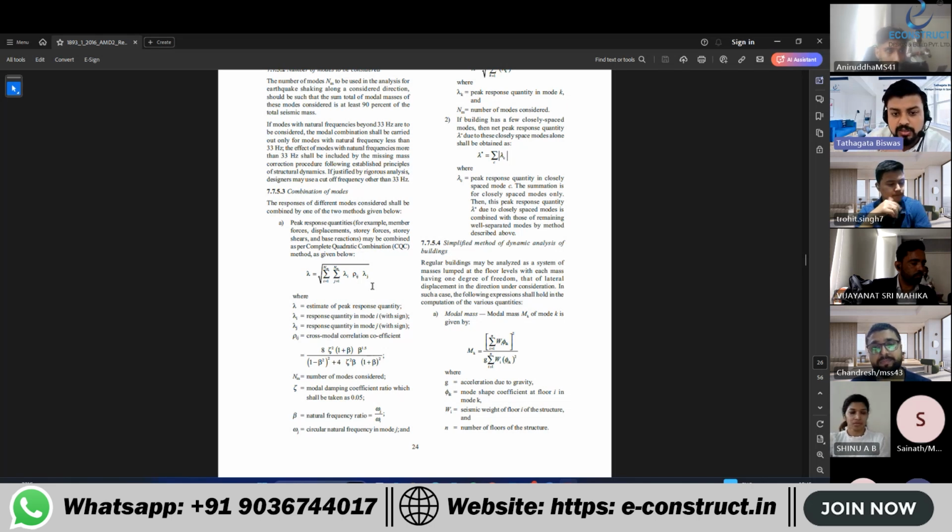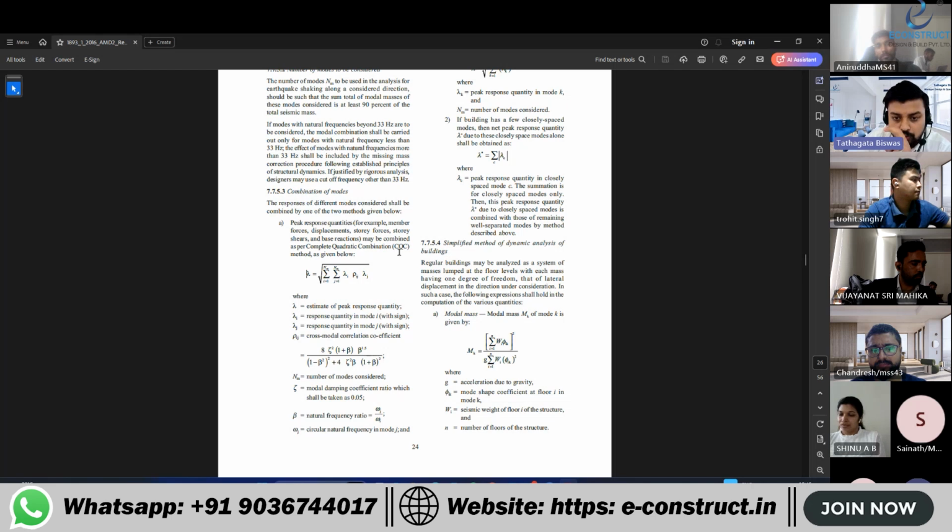Also, CQC has an additional advantage: it talks between different modes. Let's say, for example, if certain mixed modes are coming, and you have to take that mixed mode into the final considerations, in that case CQC is very effective because it calculates the coupling between two different modes.